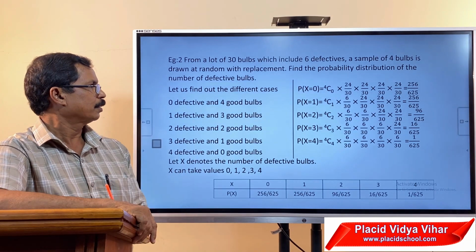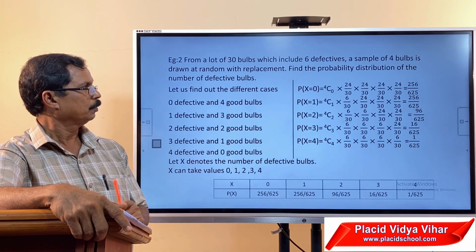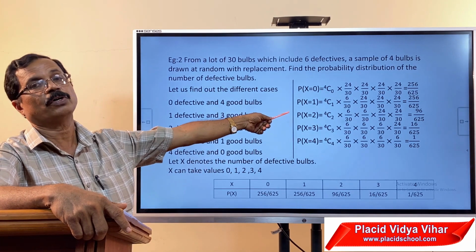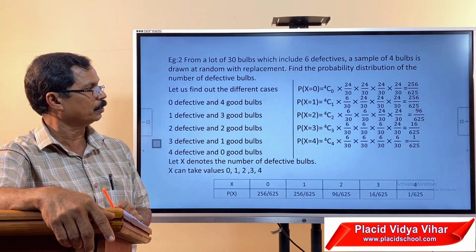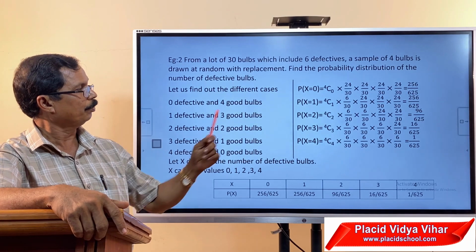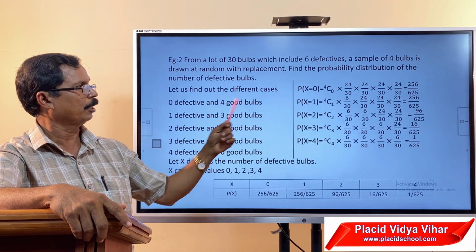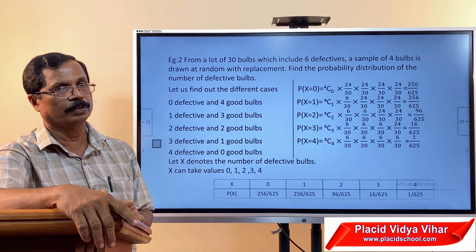Now the third case, 2 defective and 2 good bulbs. It is 4C2. So the probability of x equal to 2 is given by 4C2 into the probability of defective bulbs, that is 6 by 30 into 6 by 30, then 24 by 30 into 24 by 30.